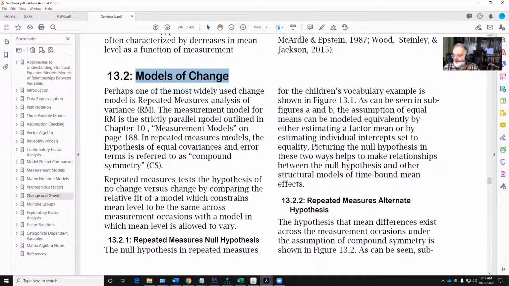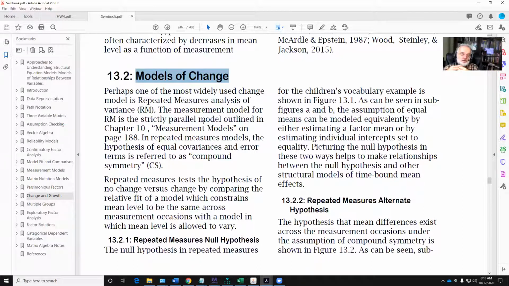If you read other books like Maxwell and Delaney's analysis of variance book, they have a very nice little discussion about the trade-offs between repeated measures analysis of variance and MANOVA. To cut to the chase, before getting into the diagrams, if you have a small study, with relatively few individuals and repeated measurements, repeated measures analysis of variance is probably preferable to MANOVA.